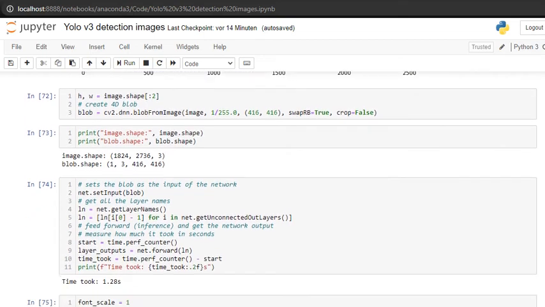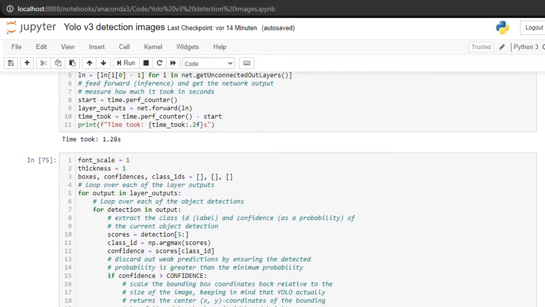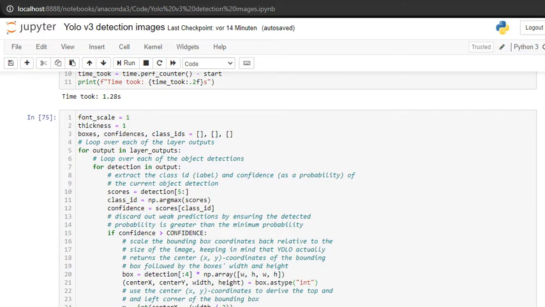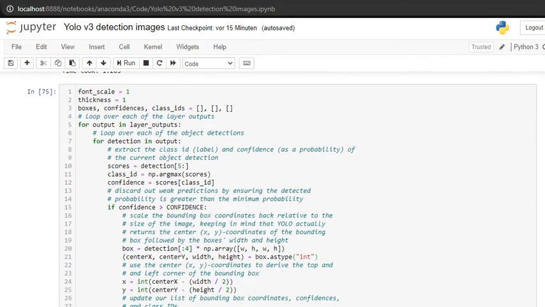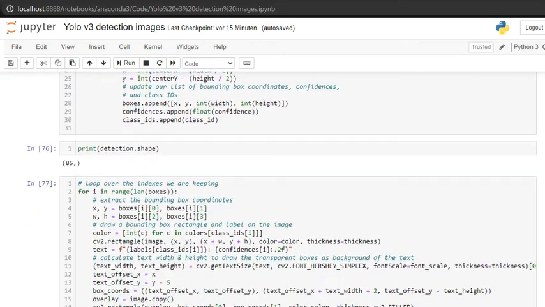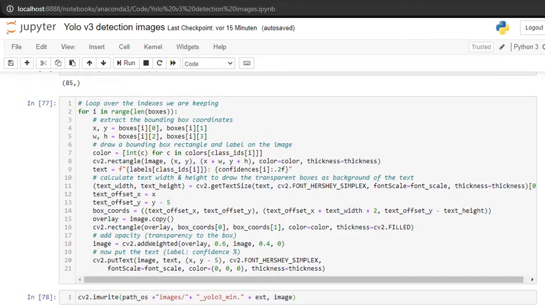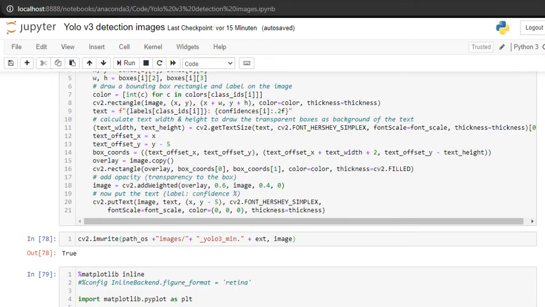We are feed forwarding everything, and afterwards we loop over the layers and the outputs here to detect the object itself. And then after a while we are extracting the bounding box coordinates. So it's like a box which is going from left to right pretty fast over the image to detect what it can see in this picture here.